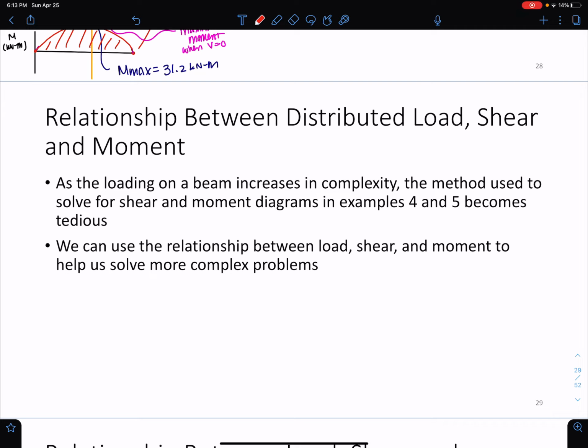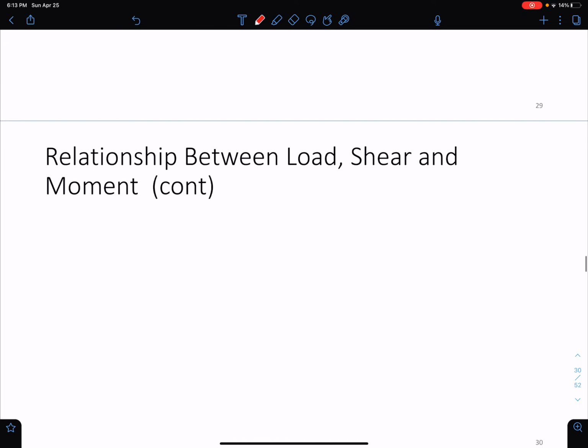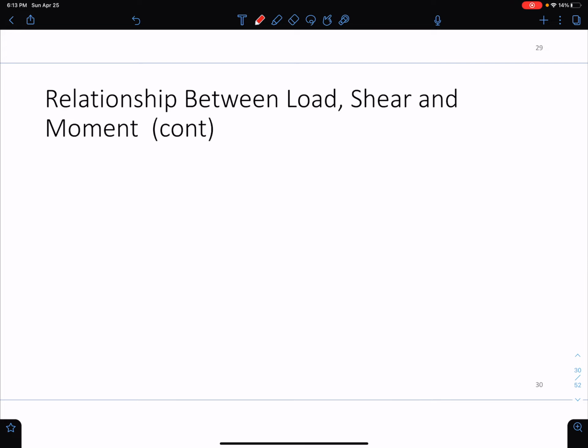So we can use this relationship from calculus, in terms of derivatives and integrals, to solve more complex problems in a simpler manner. Let's take a deeper look here.